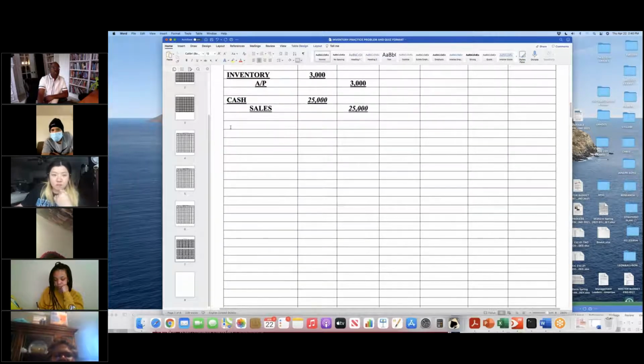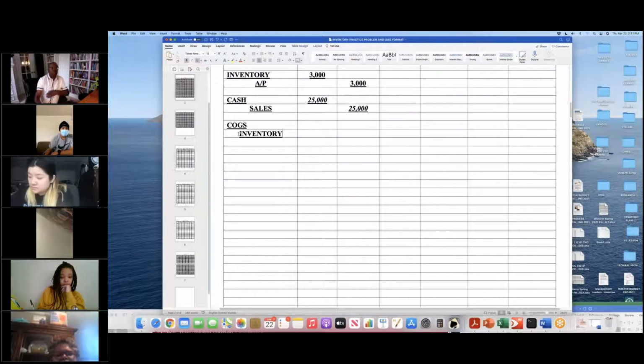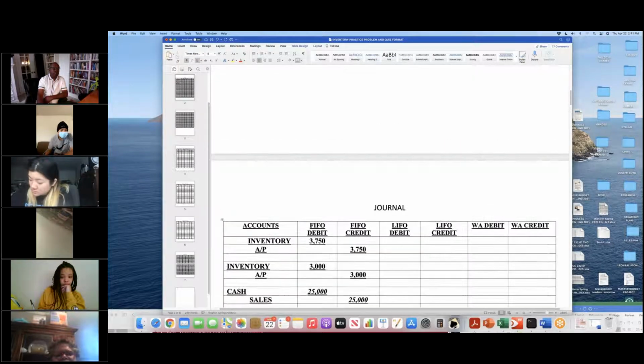Okay, but we know that every time we have a sale, we got to make another entry, right? We've got the debit cost of goods sold and credit inventory for what was sold. And we get this number from the inventory chart.